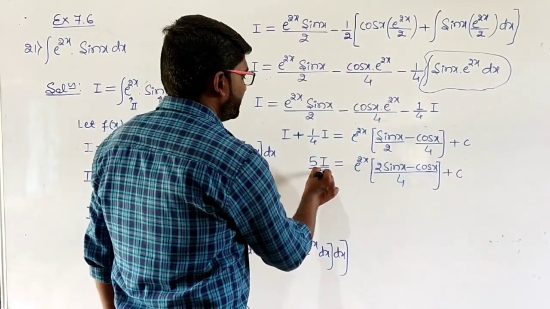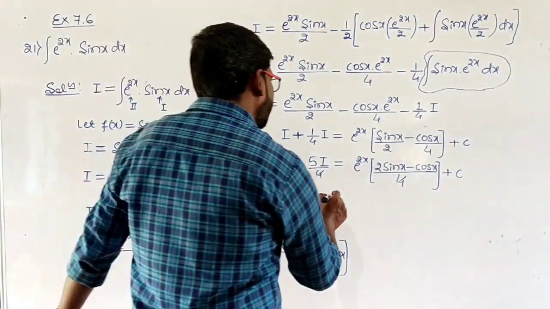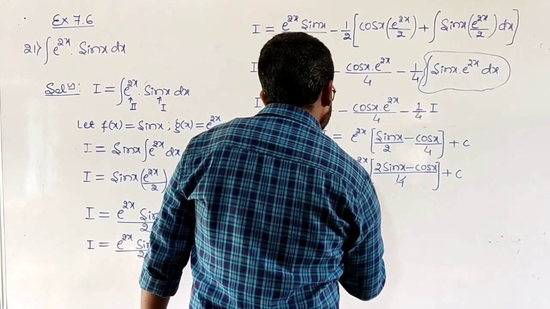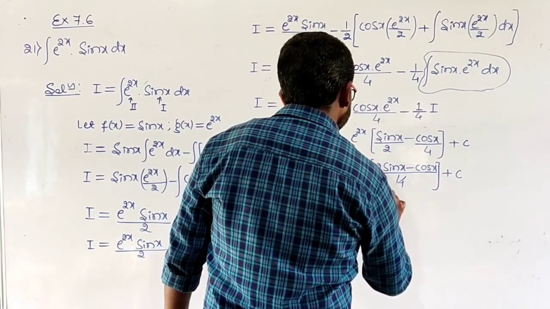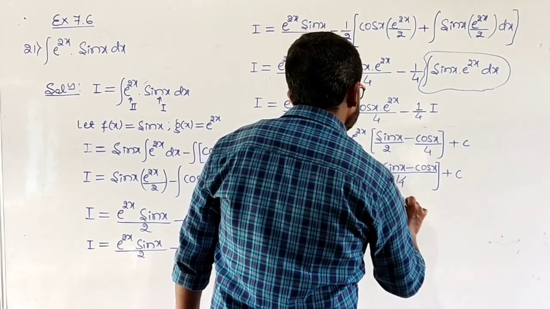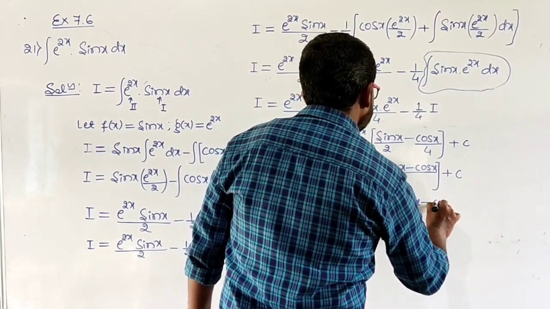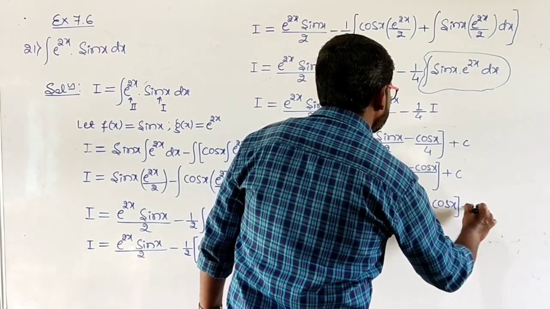So now this 4 and this 4 get cancelled, and then I is equal to e power 2x divided by 5, and then 2 sin x minus cos x plus c.